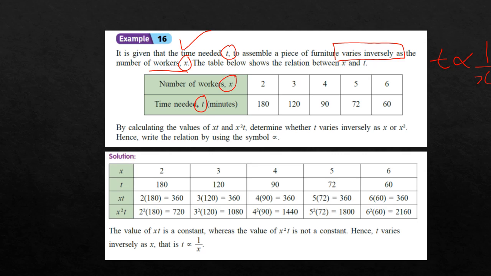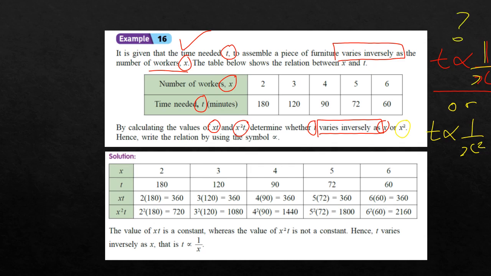By calculating the value of x times t and x squared times t, determine whether t varies inversely as x or x squared. That means, is it varies inversely as x squared or only 1 over x? Which one?